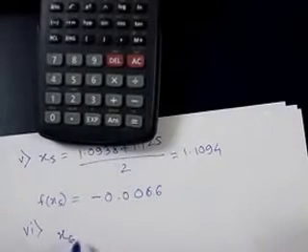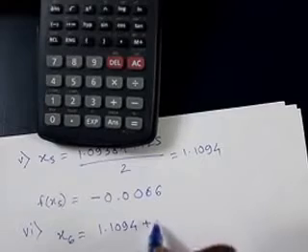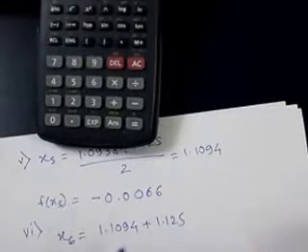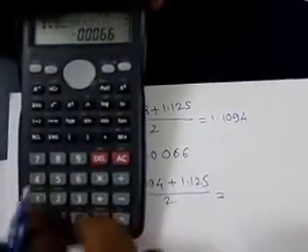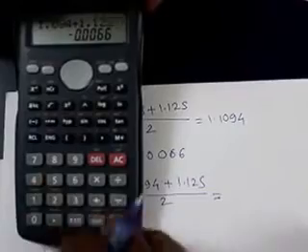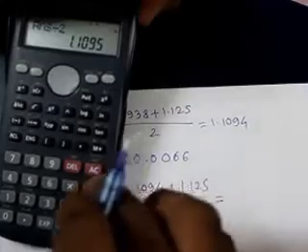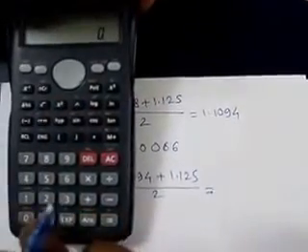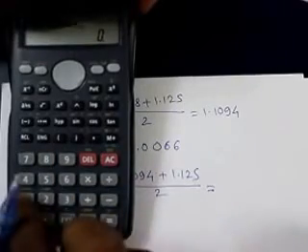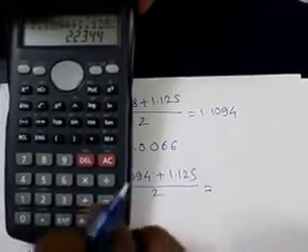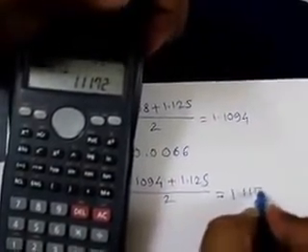So x6 is going to be 1.1094 plus 1.125 divided by 2, which was 1.1172.